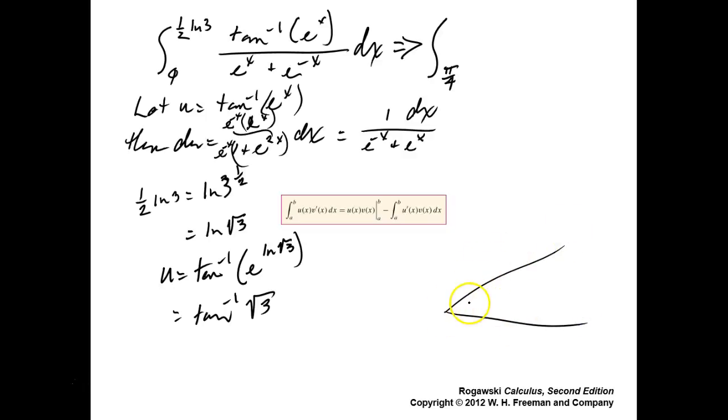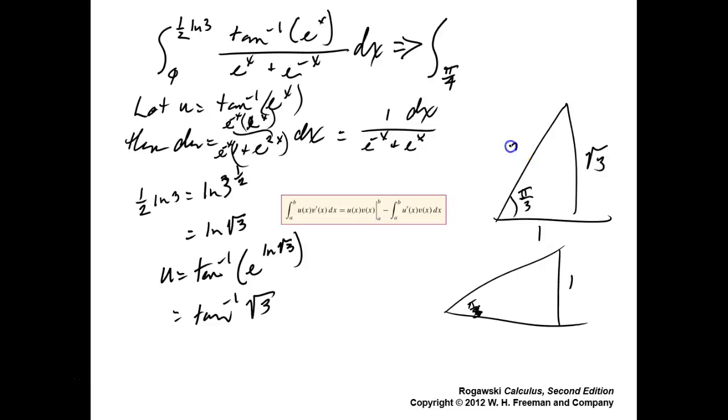I think it's pi 6, isn't it? You're right, pi thirds. I'm sorry, I drew it poorly. If this is pi thirds, which is about 60 degrees, then that would be 1, that would be square root of 3, and this would be 2, right? So inverse tangent of that would be pi thirds. So our upper limit would be pi thirds.